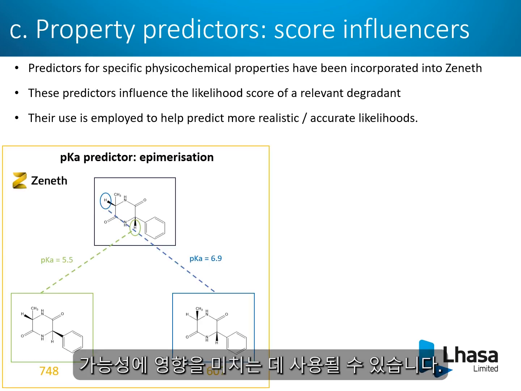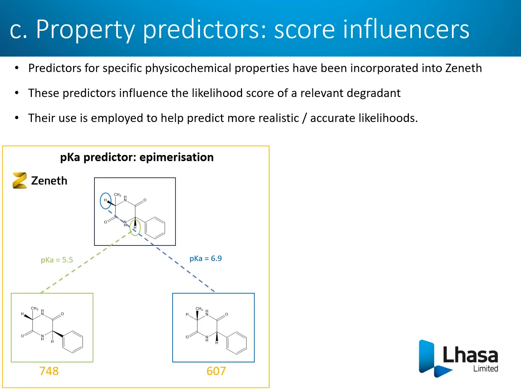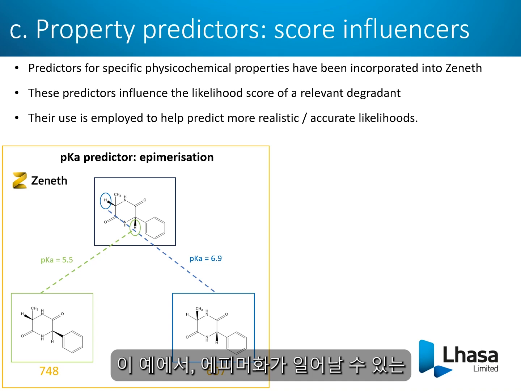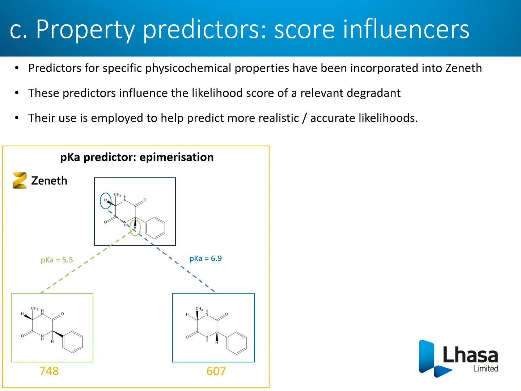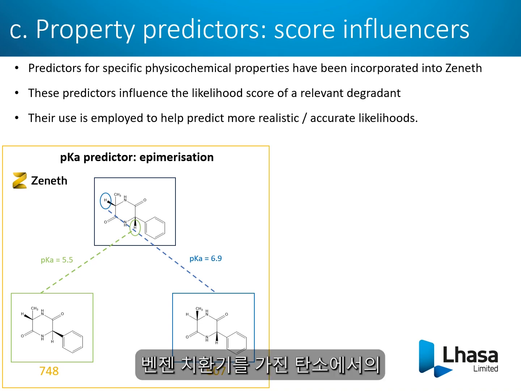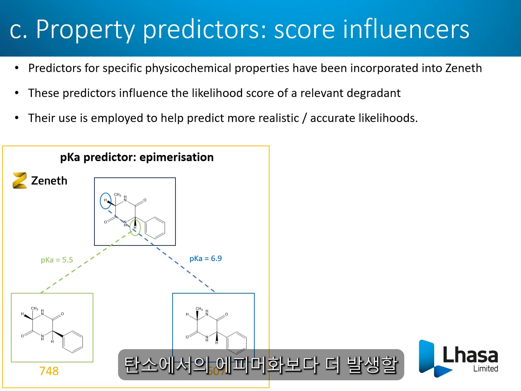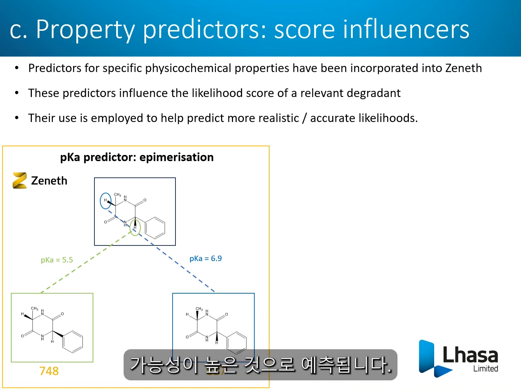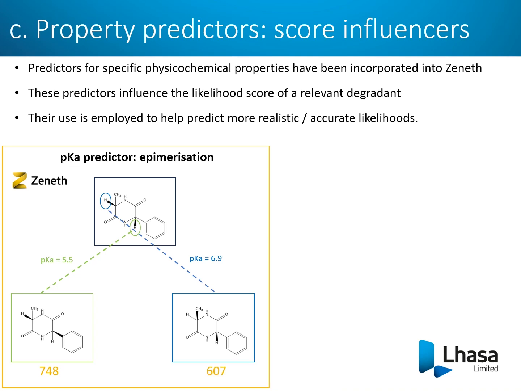In this example, there are two possible sites of epimerization. The epimerization at the carbon with a benzene substituent is predicted as more likely to happen when compared with the epimerization at the carbon bearing a methyl substituent. This is due to the different pKa's of the acidic hydrogens.